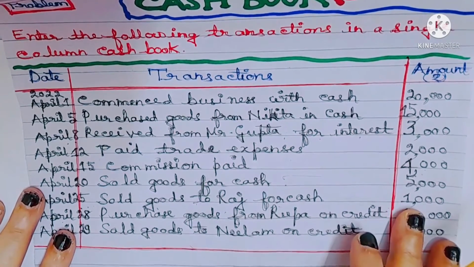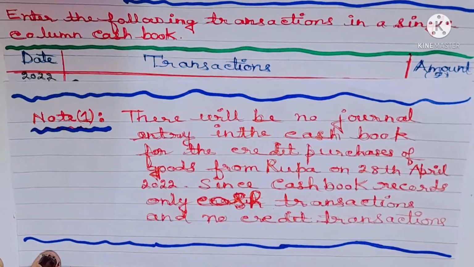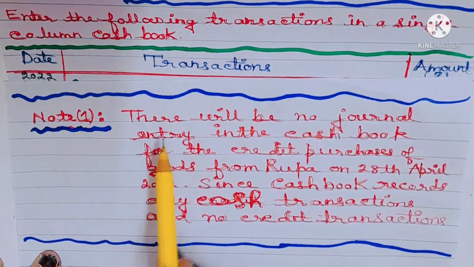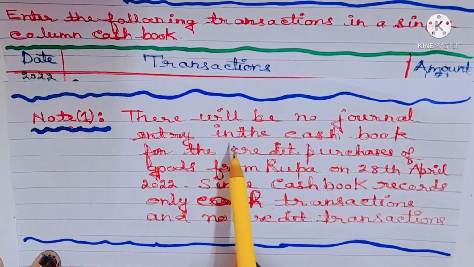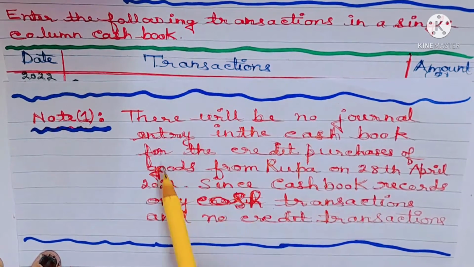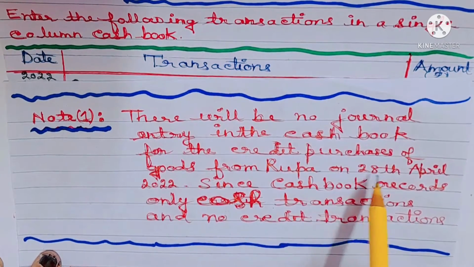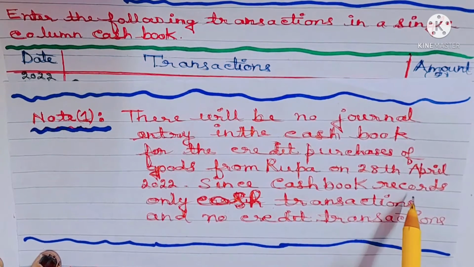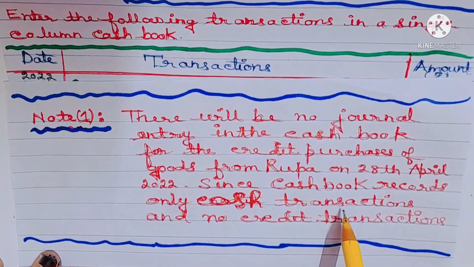How to write a short note? Let me show you again. See, note 1, because there will be another note. There will be no journal entry in the cash book for the credit purchases of goods from Rupa on 20th April 2022, since cash book records only cash transactions and no credit transactions.